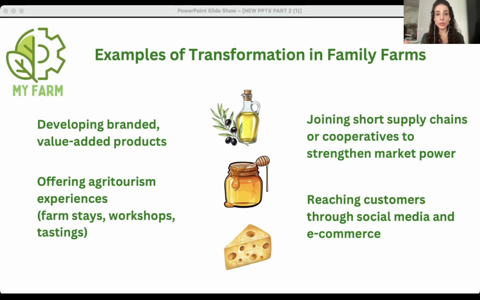For example, turning traditional products like olive oil, honey, and cheese into branded gourmet lines, offering agri-tourism services such as farm stays, workshops, or tasting events. They tend to use social media and e-commerce platforms to reach customers in a direct manner. They tend to participate in short supply chains or farmers' cooperatives to gain bargaining power.